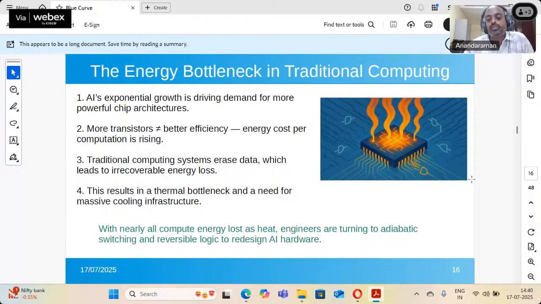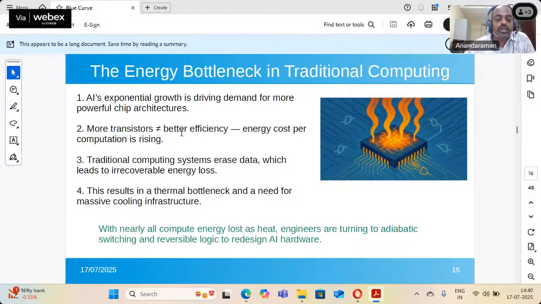That's why we are going from CPU to GPU. Computation requirements have increased, and AI has increased them. So we need more chips processing information in parallel, and the energy requirement is also increasing day by day.